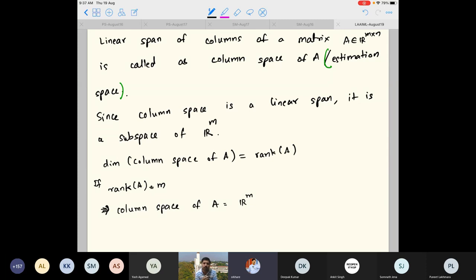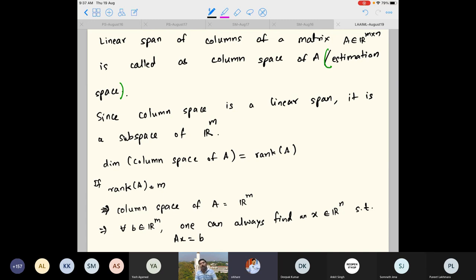What does that mean? For any right hand side b, it implies that for every b in Rm, one can always find an x in Rn such that Ax is equal to b. Why?